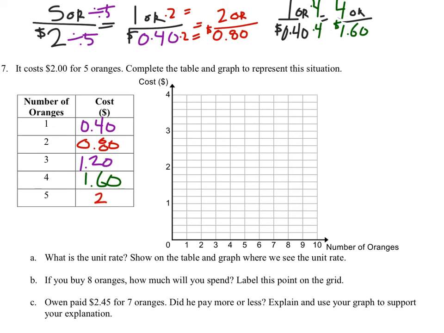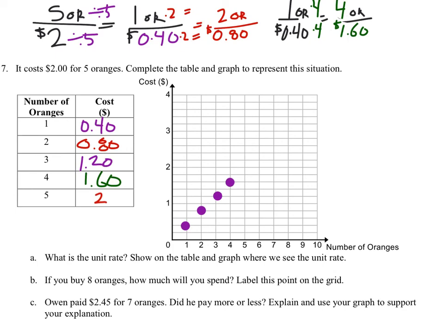So we should be able to put these points on the graph once again. So we got a point at 1, 40 cents, which would be right here. 2 was 80, so 2 and 80 right here. 3 and 120. And then 4 and 160.